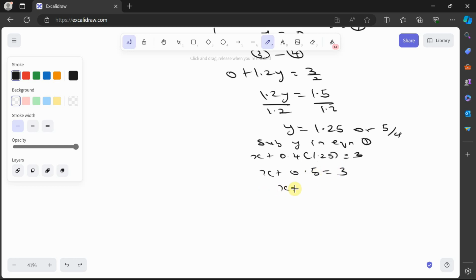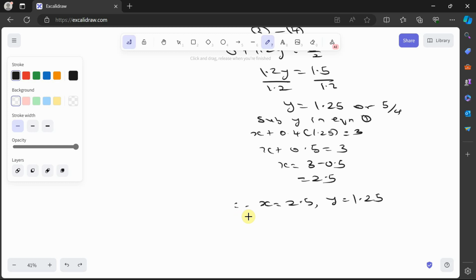So x is equal to 3 minus 0.5, and that will give me 2.5. So therefore our x is equal to 2.5, and our y is equal to 1.25. Just one simple step, x plus y is equal to 2.5 plus 1.25. By the time you add these two together, this will give you what?